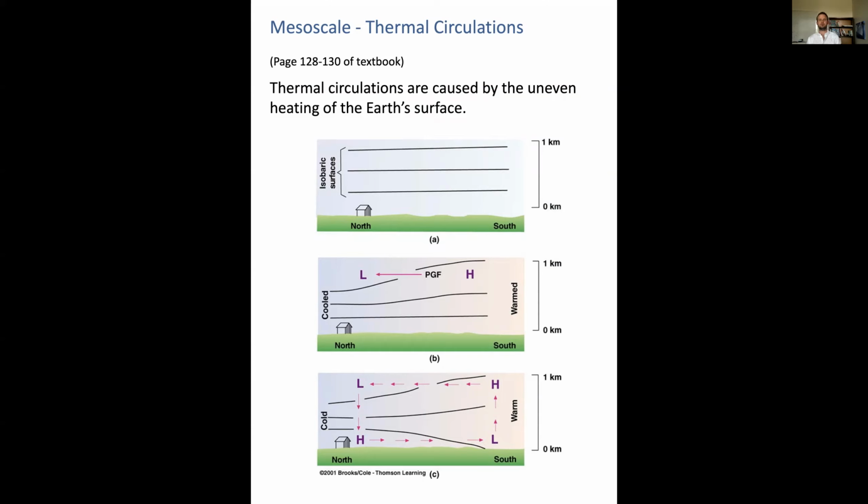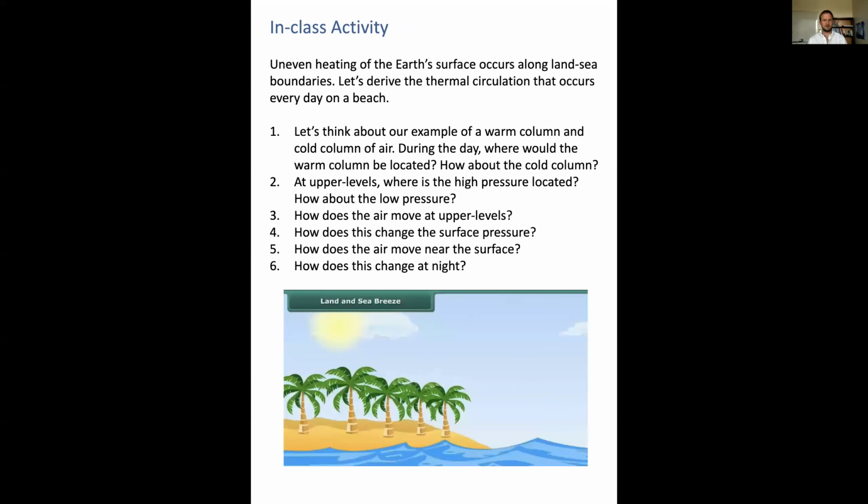We've talked about thermal circulations previously, and these thermal circulations are really a great example of mesoscale circulations. A great example of mesoscale thermal circulations are the land sea breeze, or the sea breeze during the day and the land breeze during the night.